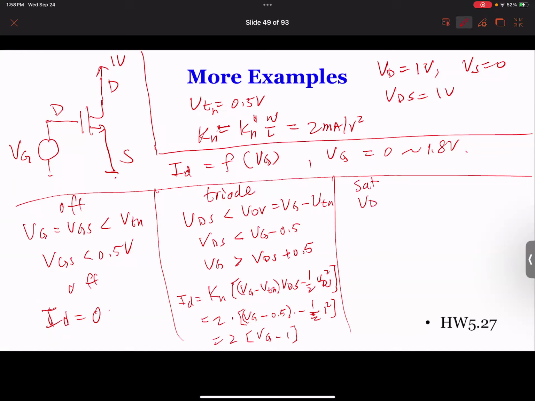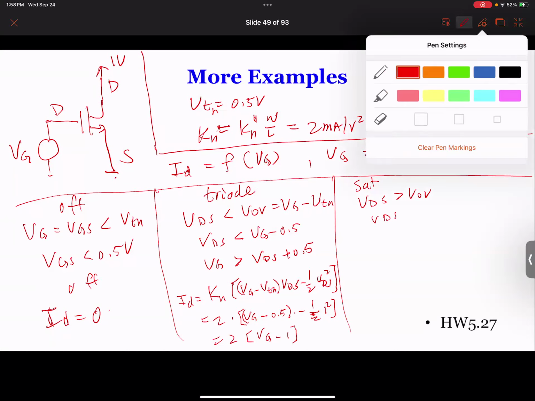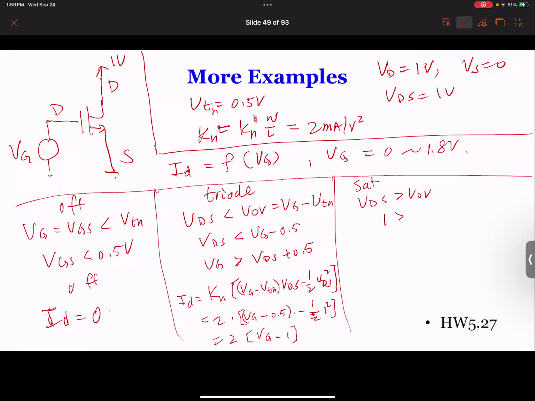And then we're going to go on to the saturation region. In the saturation region, VDS has to be larger than VOV. We know that VDS is 1, so we can write down that 1 has to be larger than VG minus 0.5. So VG has to be less than 1.5 volts.